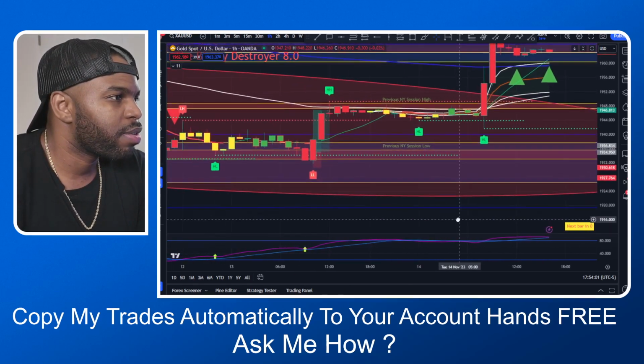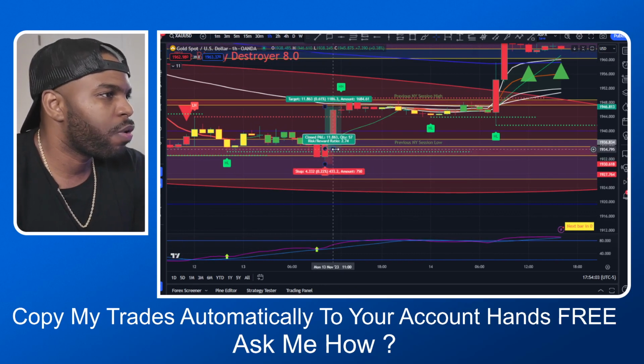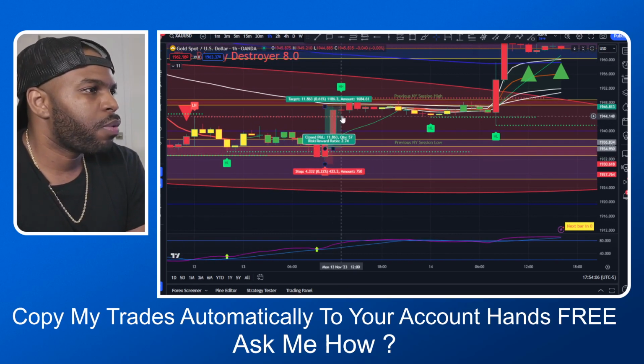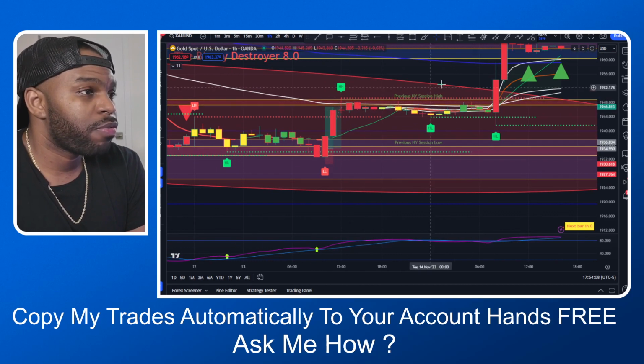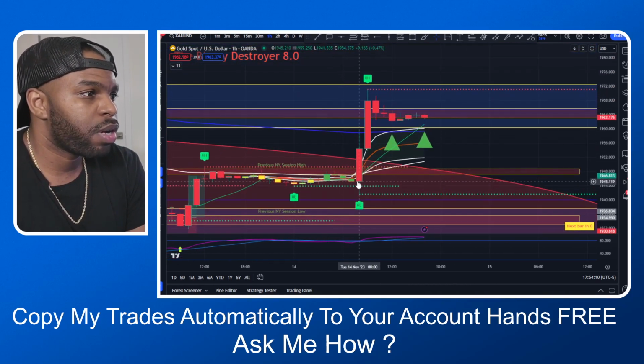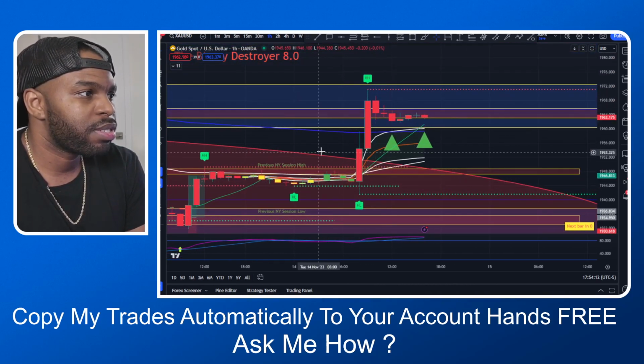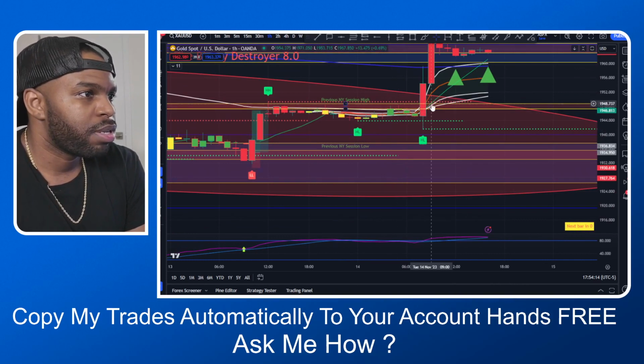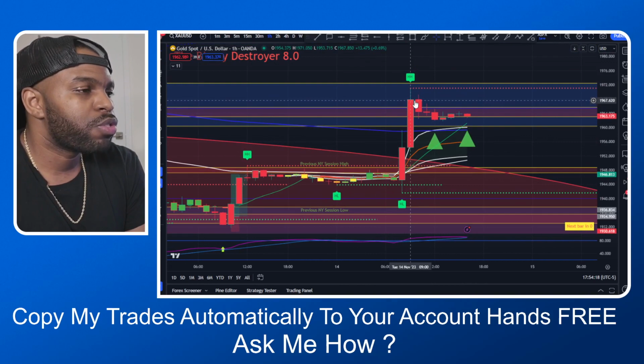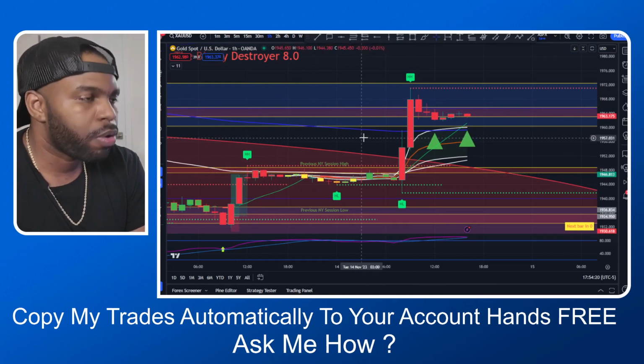Remember this trade right here that I took on gold? I rolled it all the way up to the zone here. Imagine if we'd have held that trade, we'd have caught all of this and still be good. Price would have pulled back on us a little bit, but would have been super good. Okay, if we'd have held that trade.